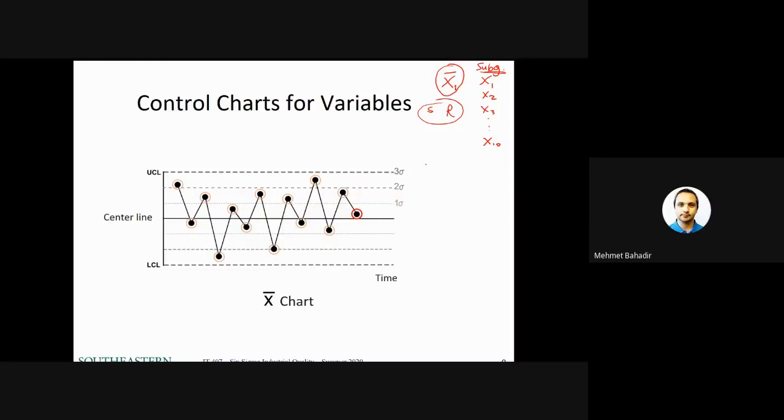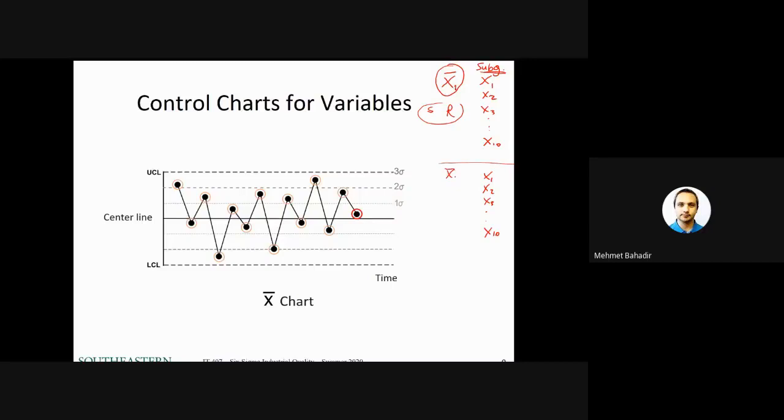Then what happens? Maybe a few hours later, you come back and create another subgroup. Again, you collect an equal number of samples, 10. You collect x1, x2, x3. Those are individual readings from the screws that you're collecting. And then again, you calculate their average.